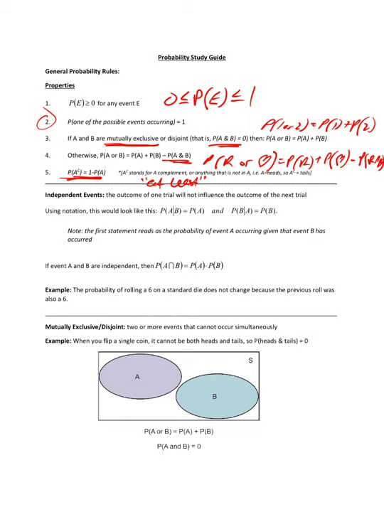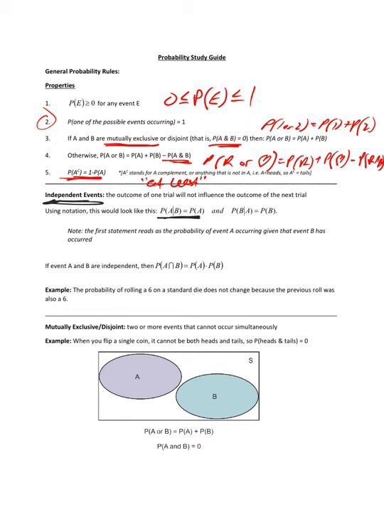A big concept out of this unit is independence. Independence is really the idea that one trial, occurrence, or characteristic does not influence the next. The notation here is the probability of A, and then that vertical line stands for given.